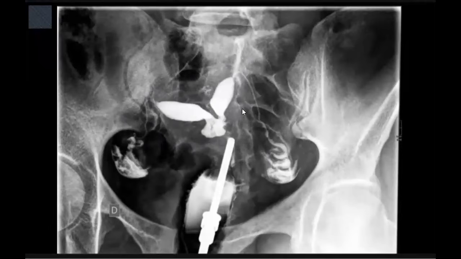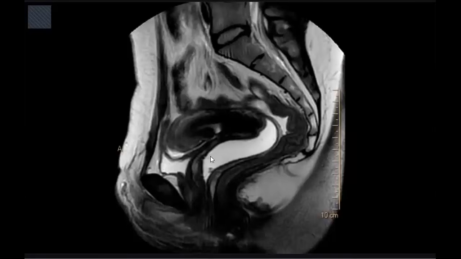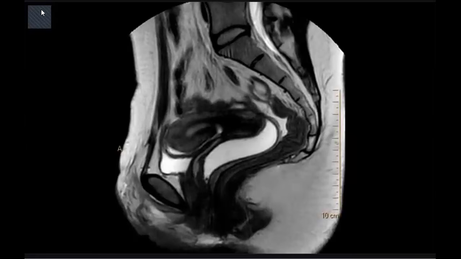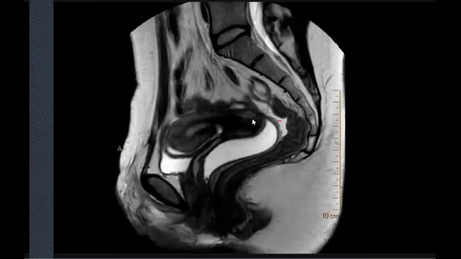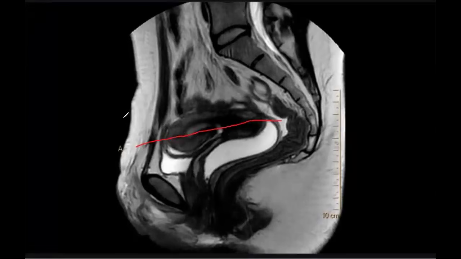To take this patient further, we can do 3D ultrasound or correlate with the ultrasound finding and then go for MRI. For MRI, the most important one will be the coronal. This is the axis of the uterus itself.